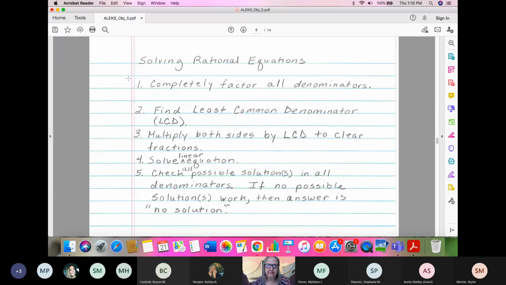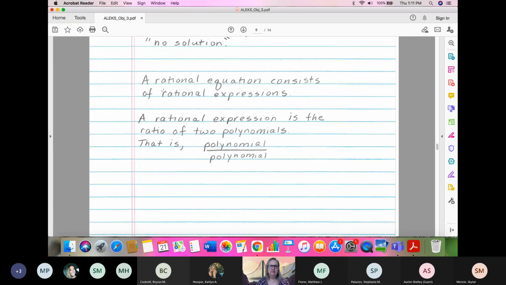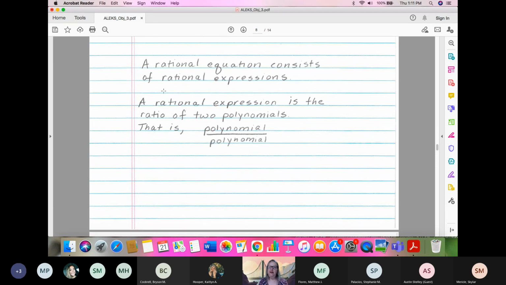Okay, so let's get started here with solving rational equations. A rational equation consists of rational expressions. A rational expression is the ratio of two polynomials. So polynomials are nice functions that I think we're used to working with. The difference here is we have a polynomial in the numerator and also likely another different polynomial in the denominator.